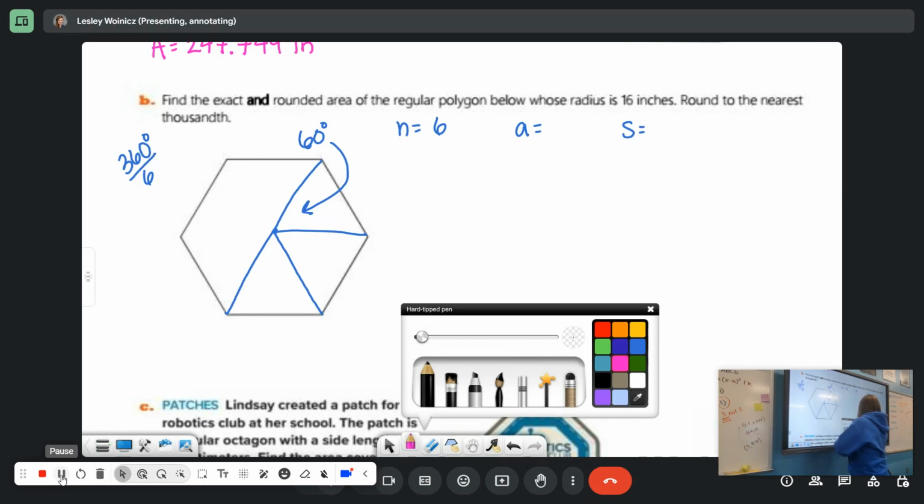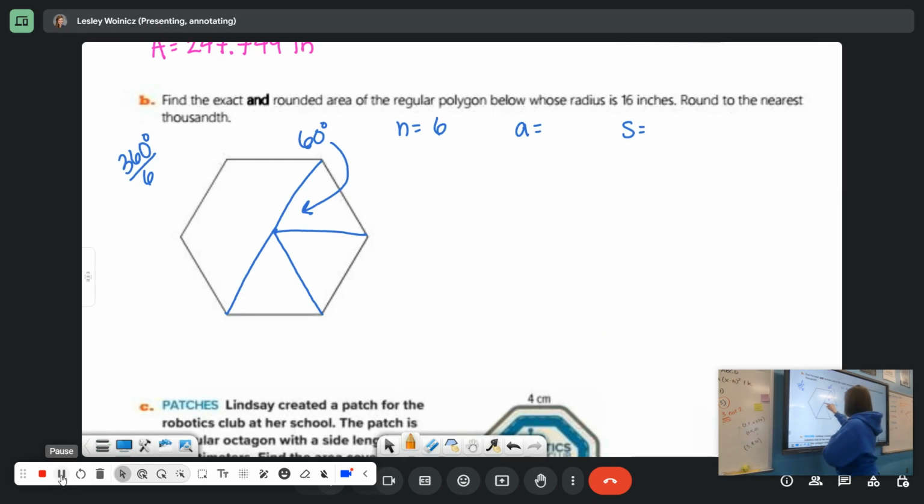Now I am going to drop a perpendicular bisector from the center of my hexagon to the center of my side. It is bisecting my side, and it's perpendicular to my side. That is the apothem. It's telling us that the radius is 16. The radius is the hypotenuse right here.